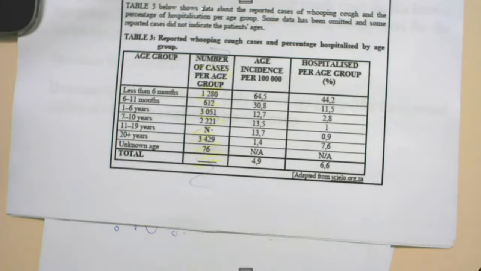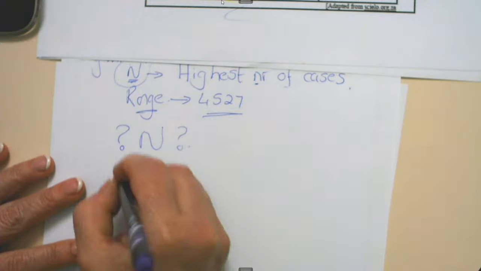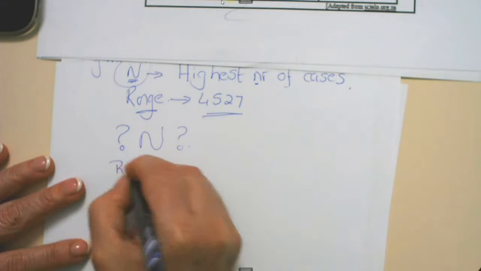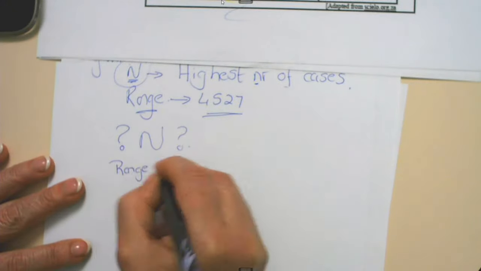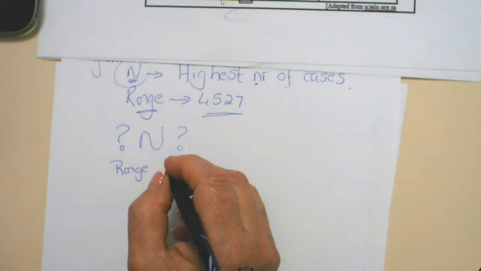Okay, so they said that N represents the highest number of cases. And they spoke about the range. Now think just about your definition. You see, many times in Math Lit paper 2, you get lost in the wording, in the way that the question is presented.